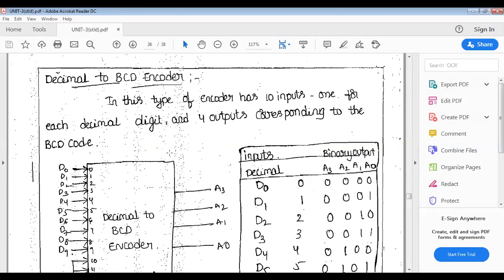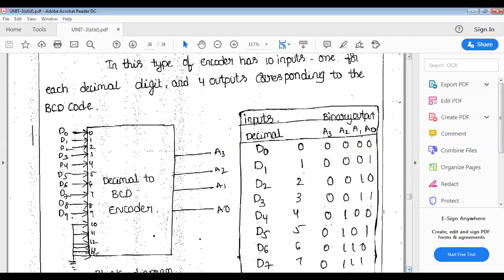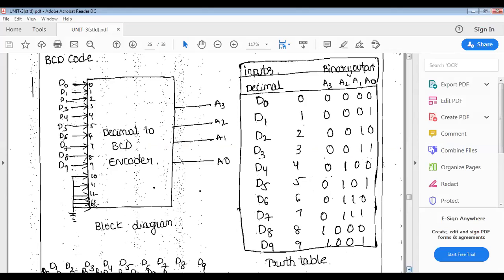So now I'm taking the decimal to BCD encoder. This type of encoder has 10 inputs, 1 for each decimal digit, and 4 outputs corresponding to the BCD code. Okay, let us see how it is designed. See the block diagram of the decimal to BCD encoder, taking only from D0 to D9.